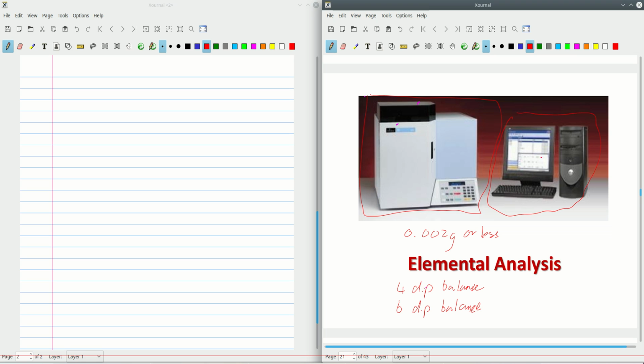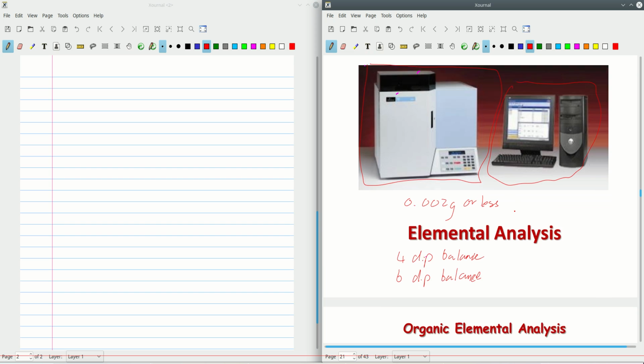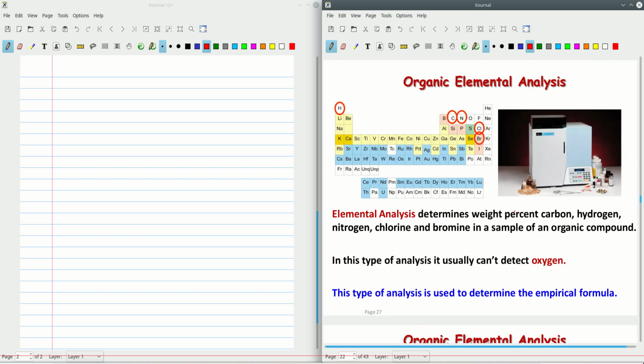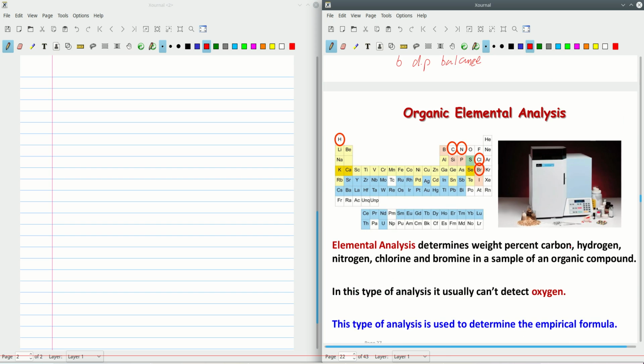And what you're concerned about is what the data is and how to manipulate the data to get an empirical formula. So we can analyze elements such as hydrogen, carbon, nitrogen, chlorine and bromine, and we can infer oxygen as well based on this.